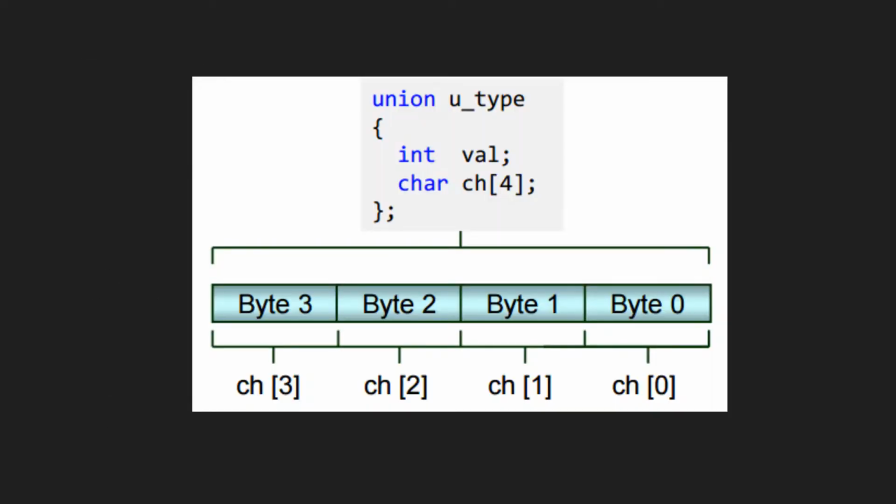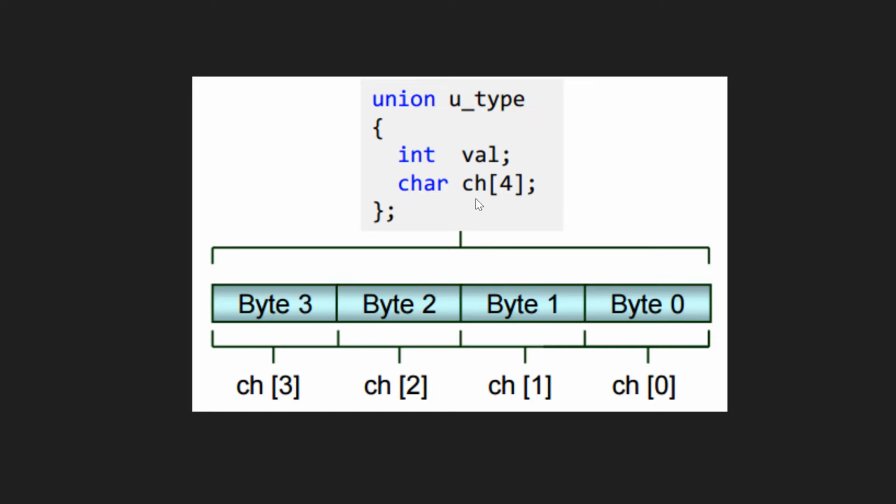So here's an example of a union declaration. As we can see in this example, we have an integer declaration and a char declaration. Since an integer is 4 bytes in size, and a char is 1 byte, and the integer is the largest variable of the two, we use the integer variable to store both the integer value and the char declaration.